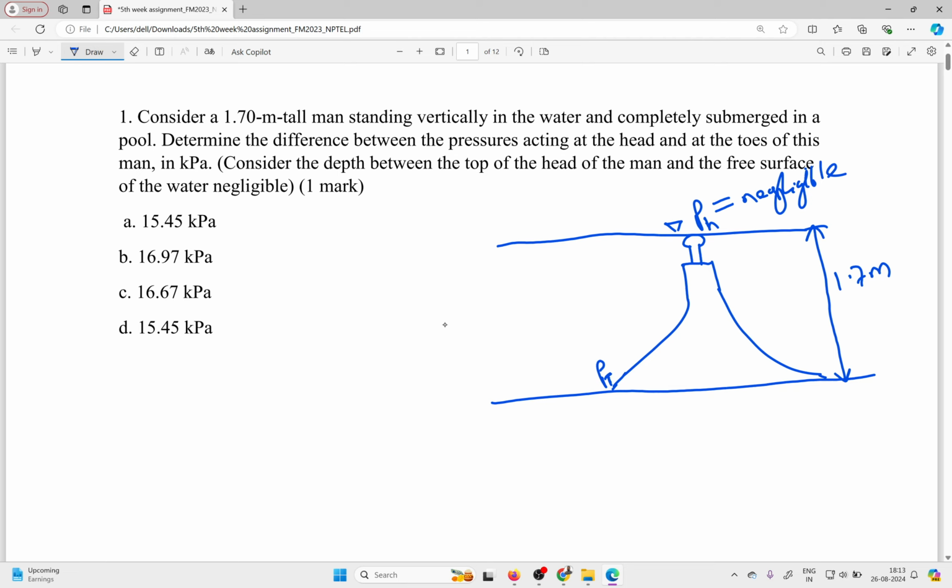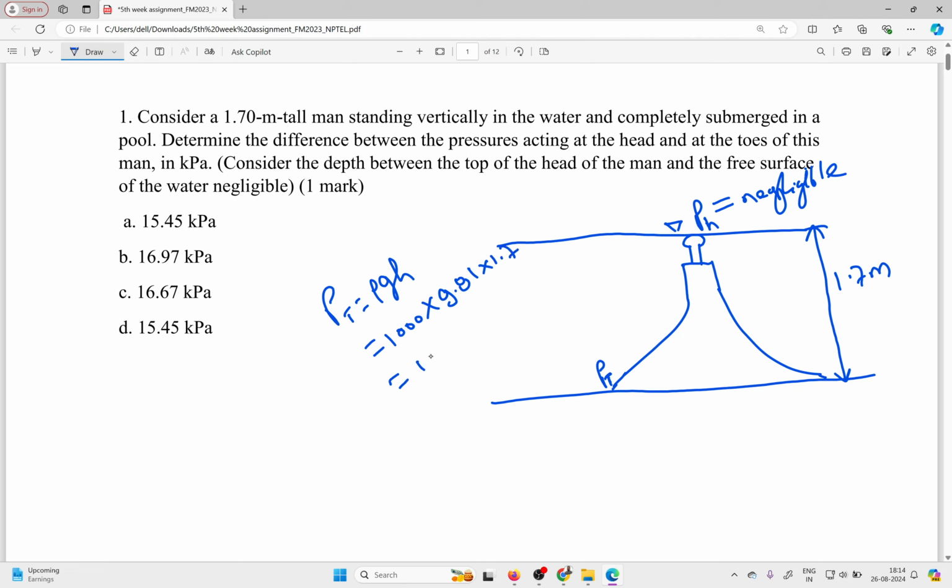Okay. So how will you calculate? You will put here your hydrostatic concept, rho g h: 1000 into 9.81 into 1.7.